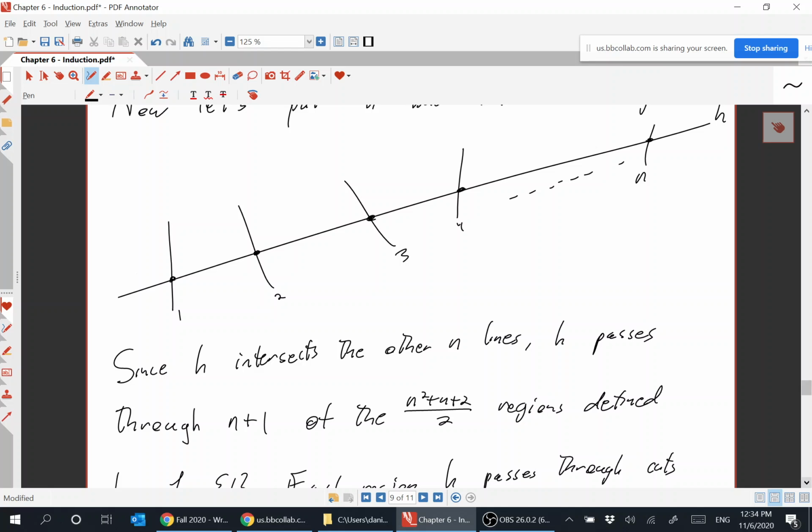The region that you had got cut in 2, so the old region is gone and replaced by 2.